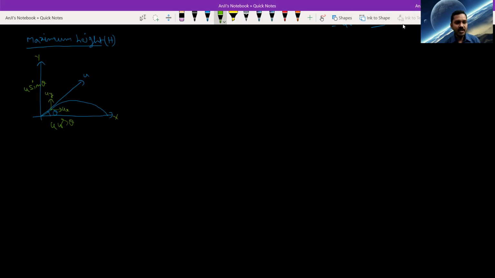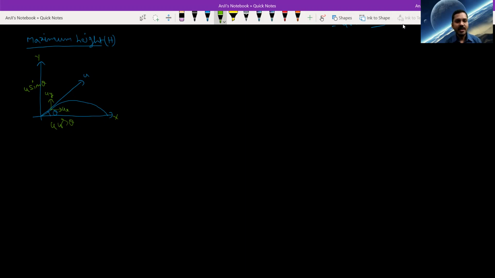Just at the projection point means time t is equal to 0. Now the body is moving along y direction against gravity. So the initial velocity ux remains constant, and velocity along y direction, uy, gradually decreases with respect to time, because it is moving against the gravity direction.